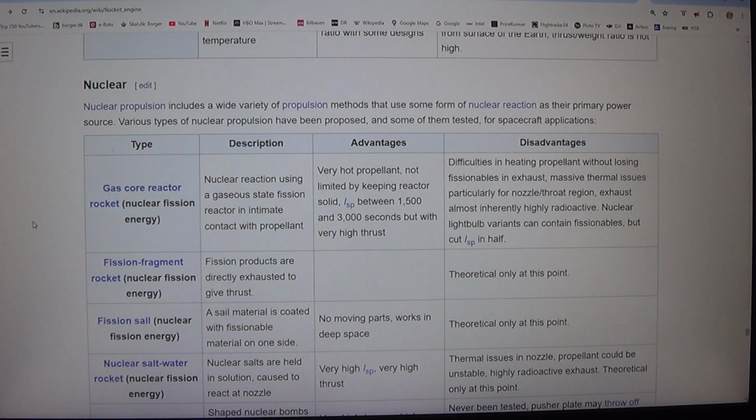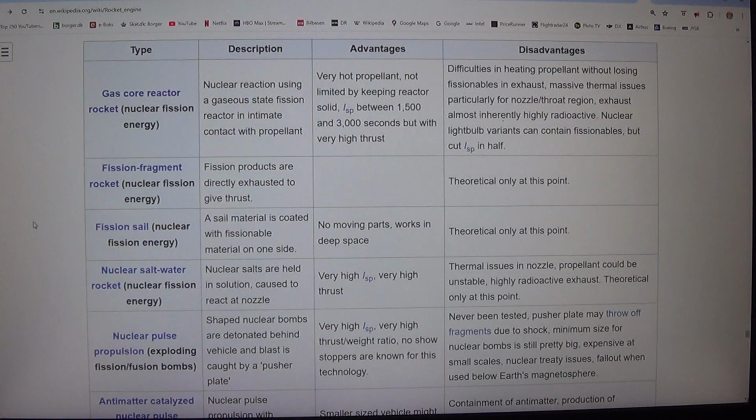Very hot propellant, not limited by keeping reactor solid. ISP between 1500 and 3000 seconds, but with very high thrust. Difficulties in heating propellant without losing fissionables in exhaust. Massive thermal issues, particularly for nozzle / throat region. Exhaust almost inherently highly radioactive. Nuclear light bulb variants can contain fissionables, but cut ISP in half.